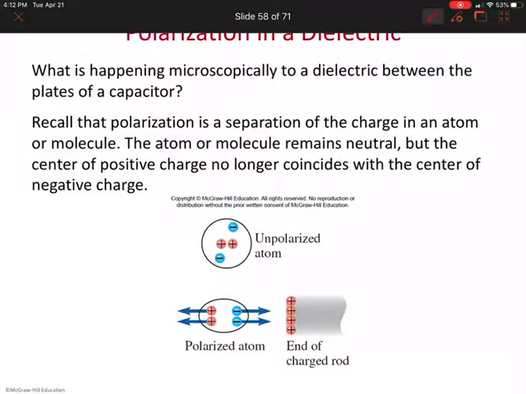So remember polarization. This was in chapter 16. This is showing you atomically that those charges, when they're polarized, move apart. Now, whenever you're talking about a conductor, those electrons can move all over.